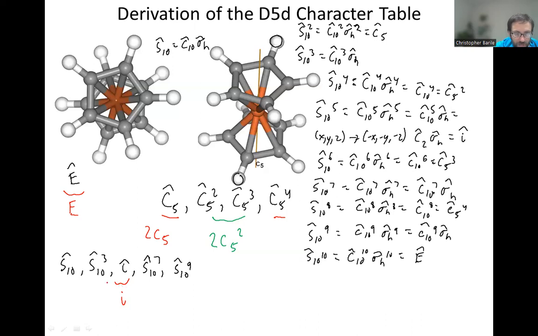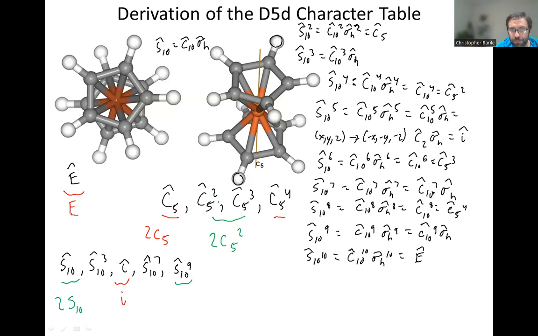And then what we're going to do is group the S10 and the S10 9. We're going to call that the 2S10 class because there are 2 operations and they're both S10s. The reason is that one of these is just the clockwise version of S10, and one is the counterclockwise version, depending on how you define clockwise and anti-clockwise based on your axis system.